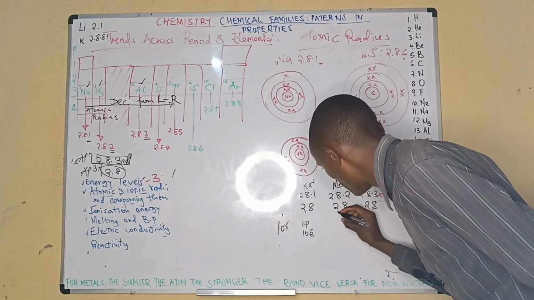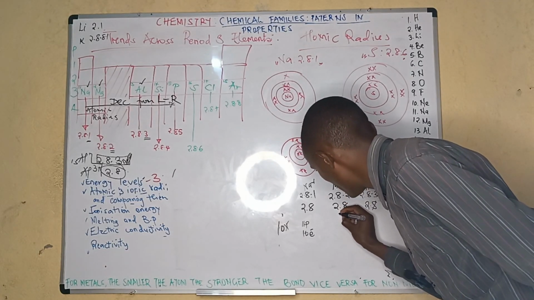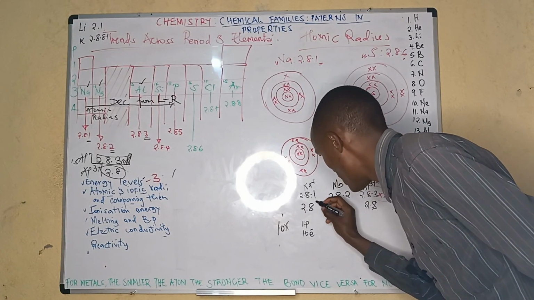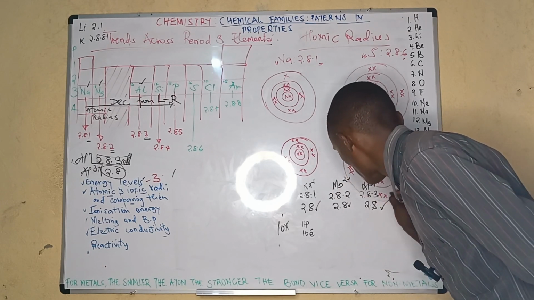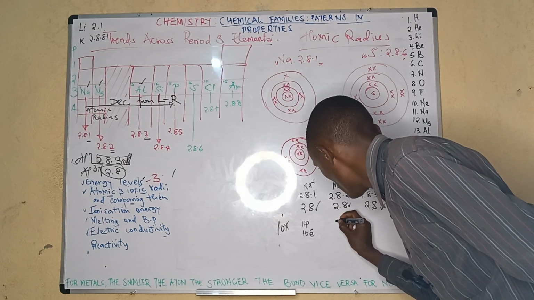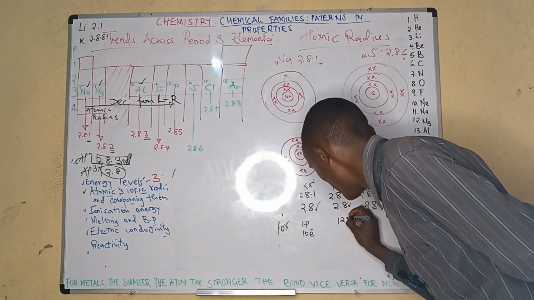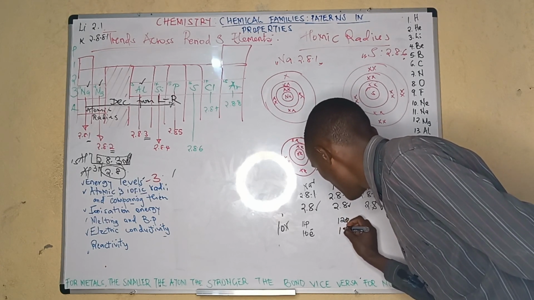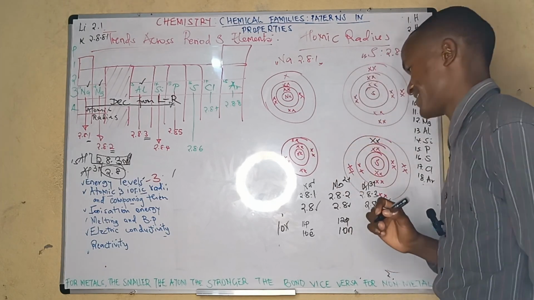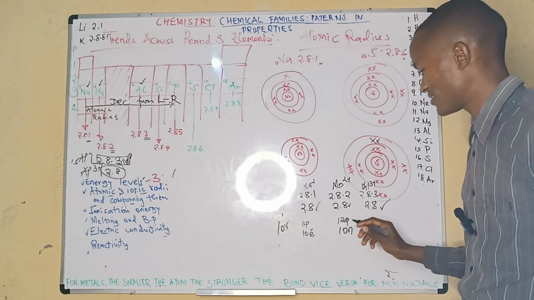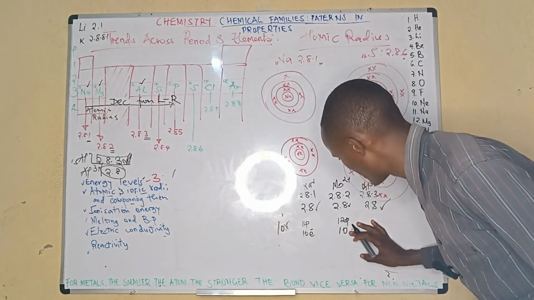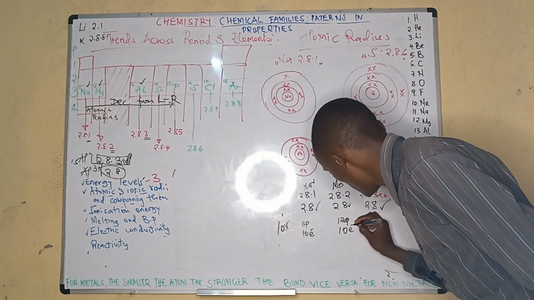That of magnesium, we're still talking of the ion. The atomic number is the number of protons. It has 12 protons and 10 electrons. Yes, 10, because it lost 2 electrons.